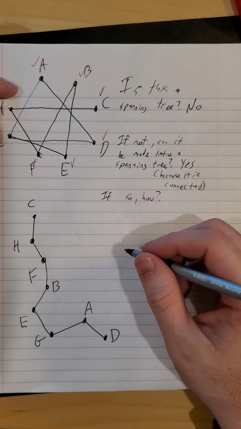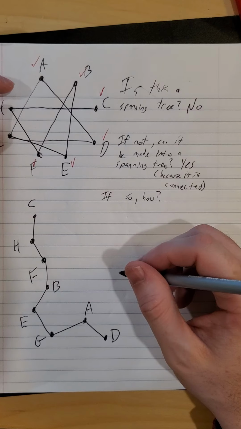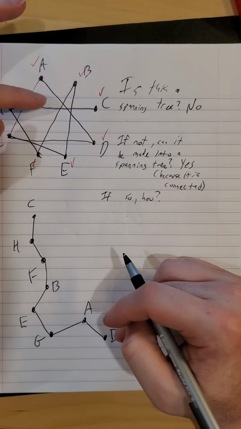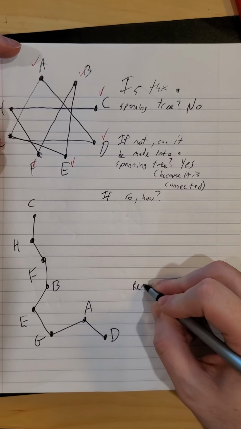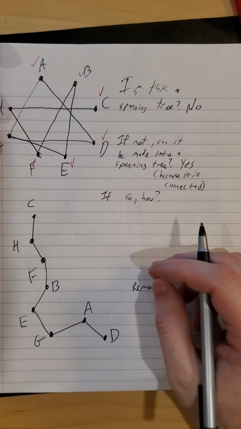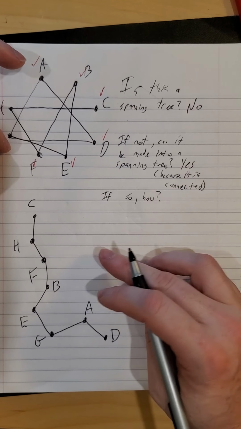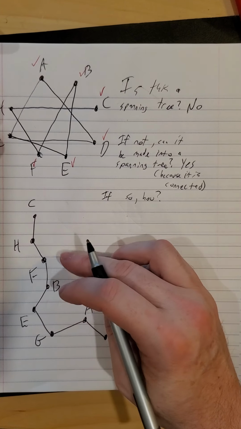So what did we remove? Let's see, we no longer have, let's see, A is still degree 2. D is down to degree 1, so we removed DG. E is still degree 2. F is still degree 2. H is still degree 2.